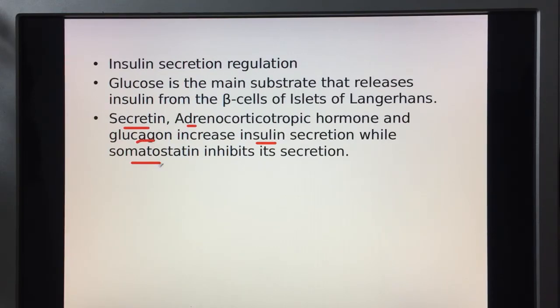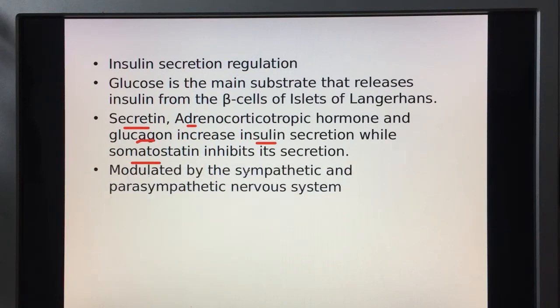The regulation of insulin is also by sympathetic and parasympathetic nervous system inputs.